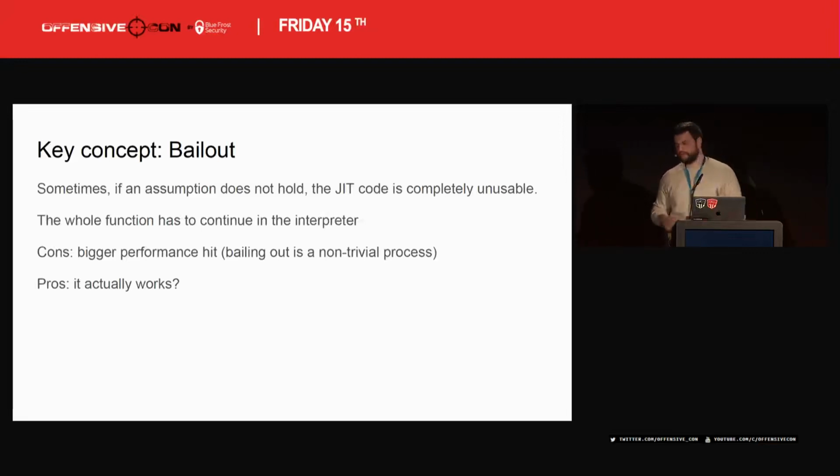So in that case, you just have to give up and say, I can't deal with that. And you have to run the rest of the function inside the interpreter. The big downside here is that you have a big performance hit because bailing out is a non-trivial process. There are a lot of things to do and to do properly. And I guess the upside is that you maybe never realized that this was actually going on inside your engine. So it's a pretty good testament to the development team.